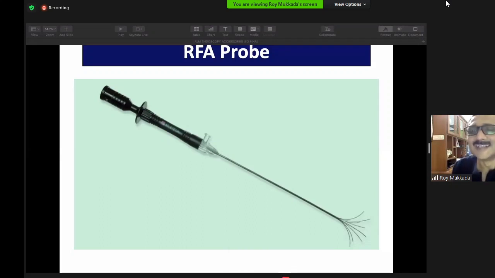The problem was the pain. When compared to ethanol, acetic acid was superior. It completely ablates the tumor, but ethanol won't completely ablate the tumor. But the problem is again the gel form which we have shown earlier. No, the gel form is used to seal the tract when you take out the needle. The patient will get severe pain when the acid leaks out. Okay.